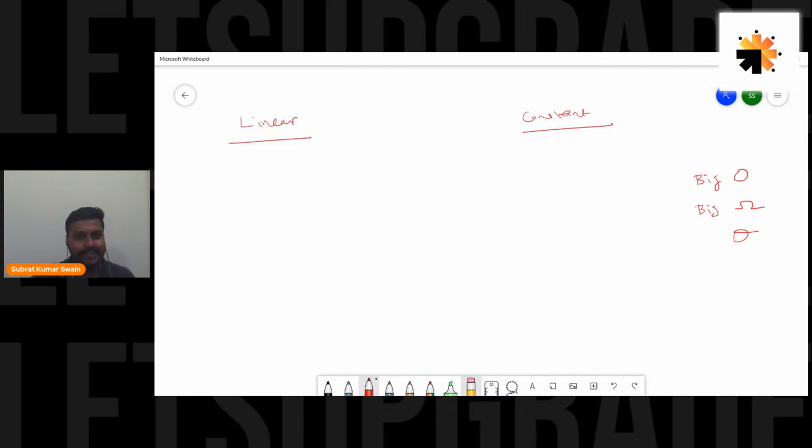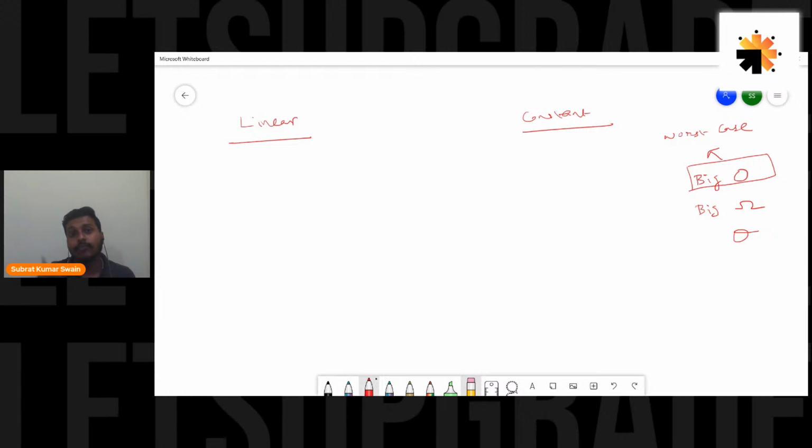Among these three, in this essential course, we would be discussing big O. Why? Because this notation is used to denote the worst case time complexity. In the worst case, what time would be taken by your algorithm? Because as I've already said, you have to write an efficient algorithm. It should take less time.